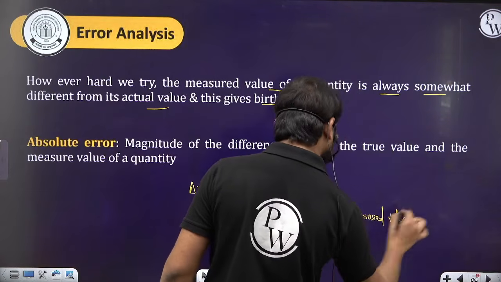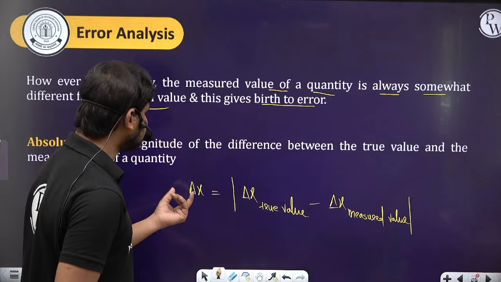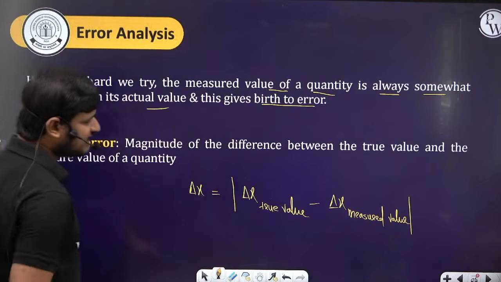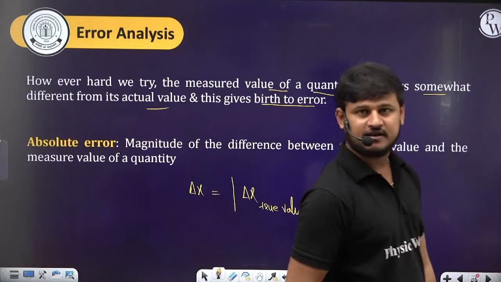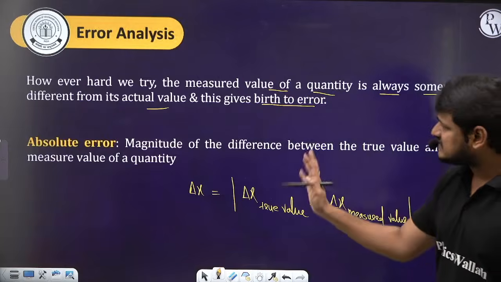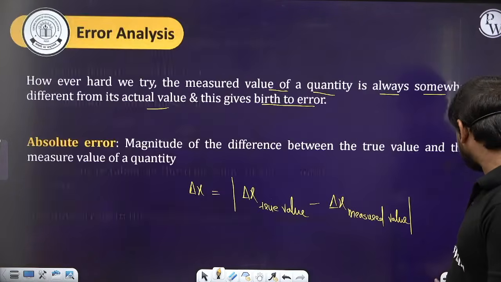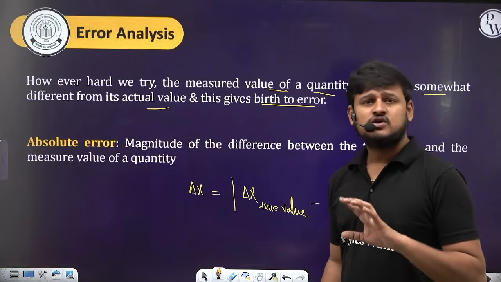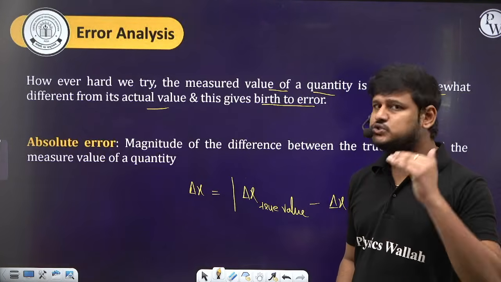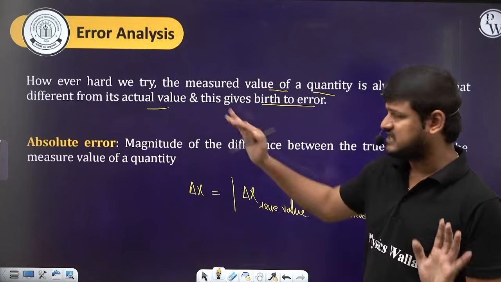Clear this part? This magnitude we should take, this is nothing but the absolute error, where delta x is the absolute error. Done? Chalo. You'll understand when I take the example. This error analysis and significant figures, rounding off, all these you should understand by the examples itself. The theory is nothing here.